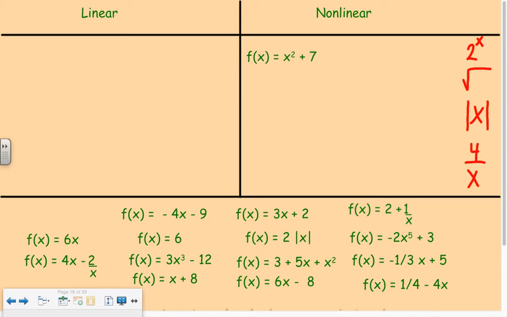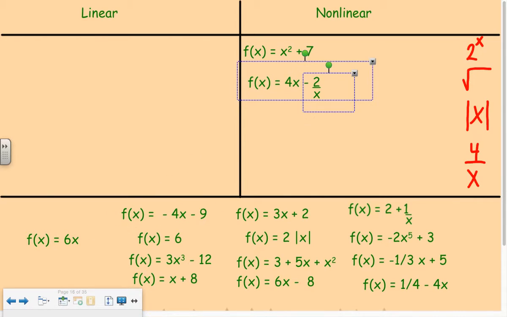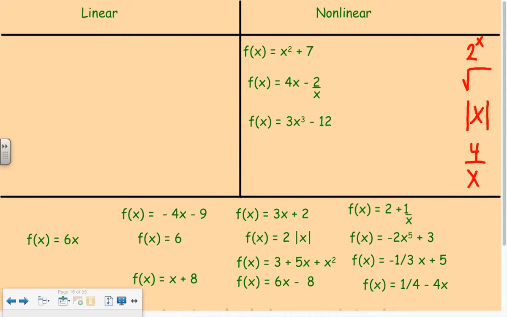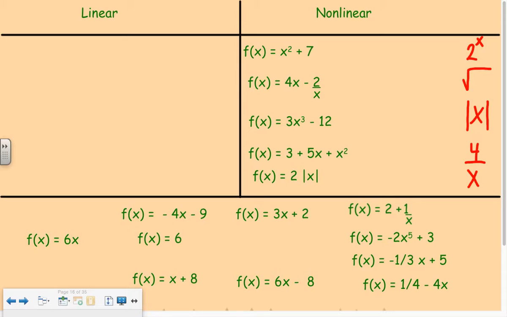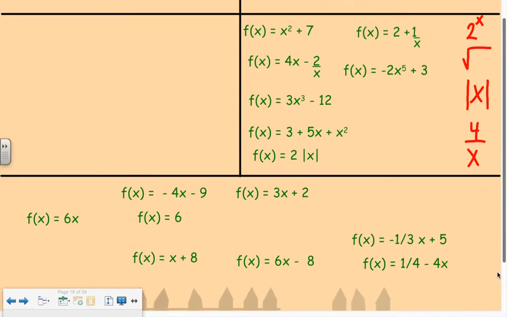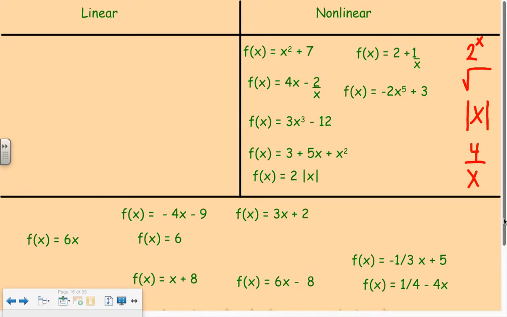So this one has an exponent. This one has a fraction with a variable on the bottom. This one has an exponent, absolute value, fraction with a variable on the bottom, exponent, and that is, are there more down here? Nope. So I think that's all of them.